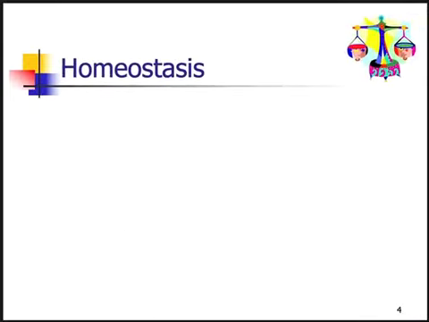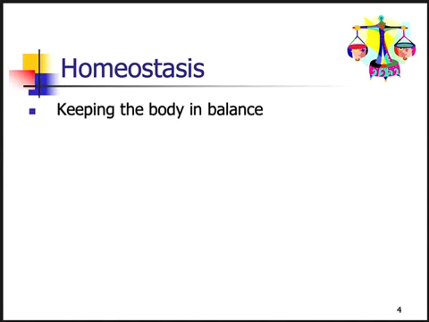So homeostasis, I know you've learned this term before, and in general you can say that homeostasis is keeping the body in balance. The fancy definition that you'll have to memorize, especially for lab, is that homeostasis is the maintenance of a state of dynamic constancy in which conditions are stabilized closely above and below a physiological set point.